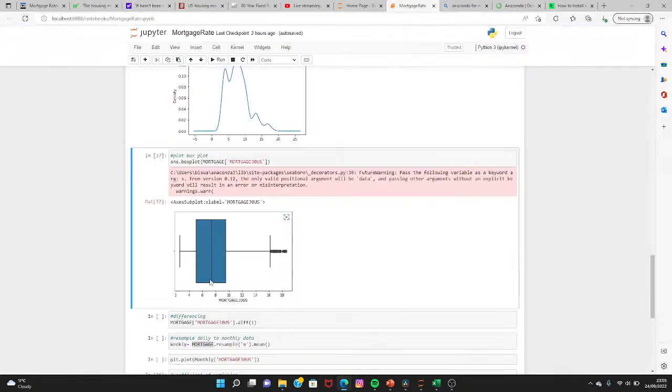You see here, it's about 7.5%. That's the median value. The mean would be slightly different than the median, but I think it shouldn't be very different. And then you have the 25th percentile and the 75th percentile, and you also have some outliers like above 16%. You can consider them outliers.